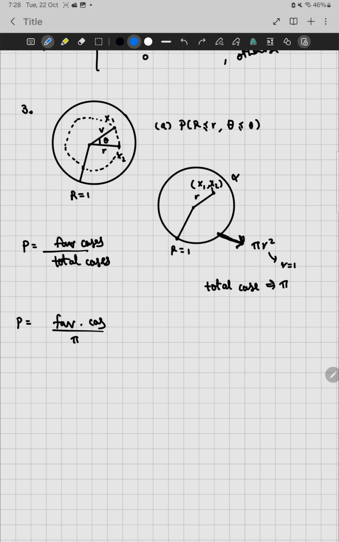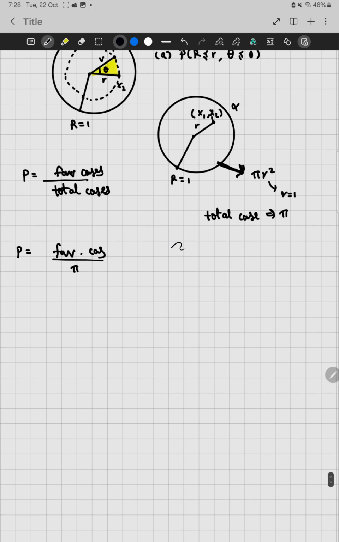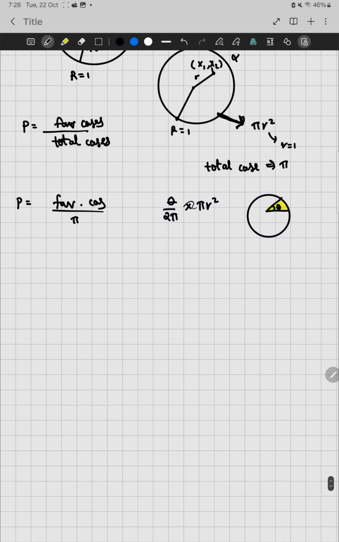Suppose this is a sector. A sector has an area formula, which is theta divided by 2 pi into pi r square. Suppose there is a sector with some theta, it will give the area of this part of the circle. So favorable cases will be theta by 2 pi into pi r square.